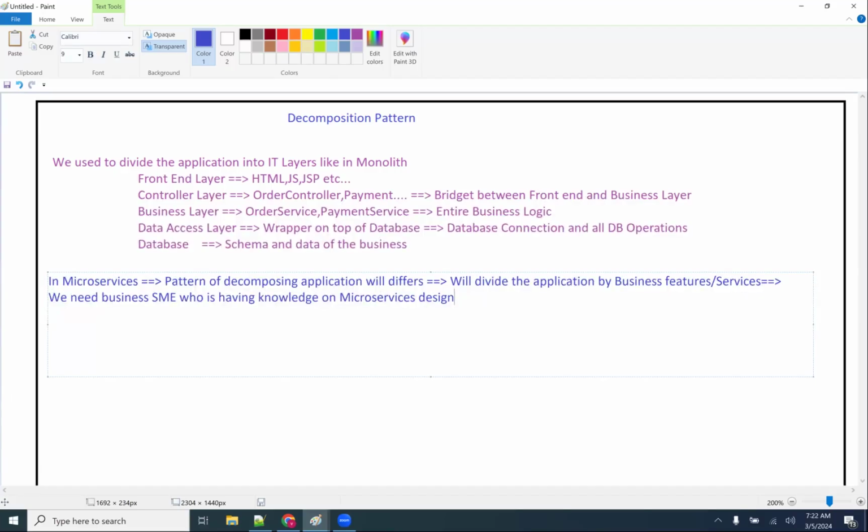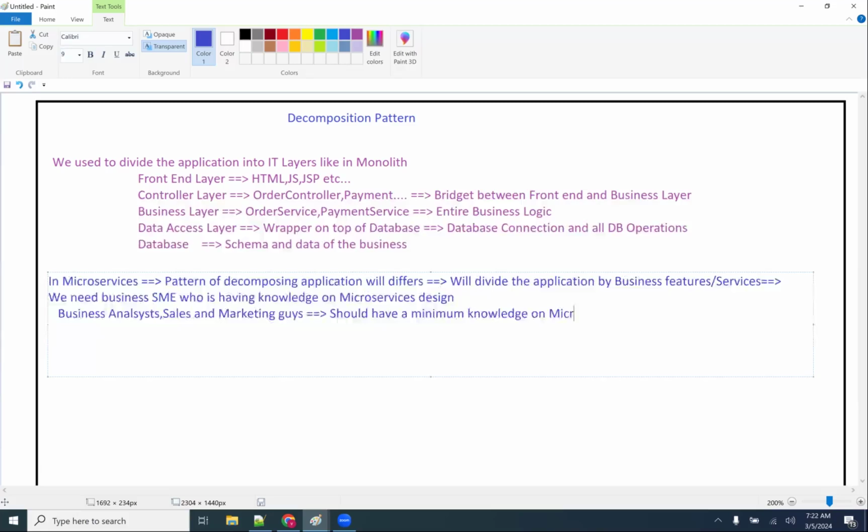That is why, if you go to any job portal, even marketing guys, even sales guys, even BAs, business analysts, right? You know, right, guys? Business analysts, sales, and marketing guys should have a minimum knowledge of microservices.